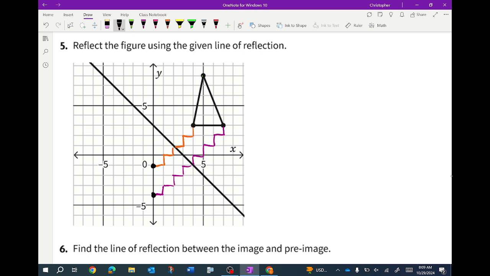One, 2, 3.5. Okay. Our last point. 1, 2, 3, 4.5. 1, 2, 3, 4.5.